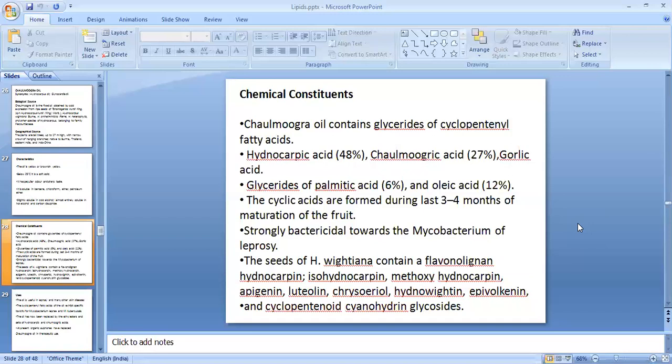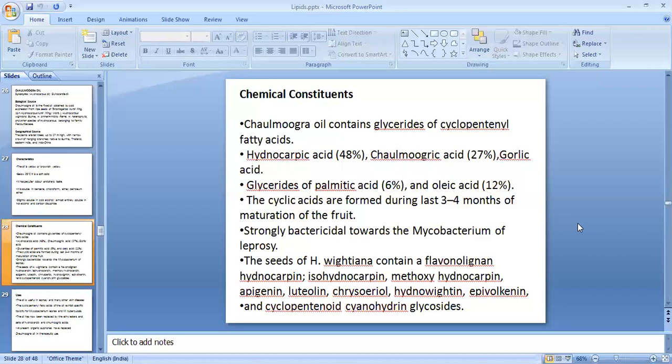The various cyclopentenyl fatty acids present are hydnocarpic acid, chaulmoogric acid, and gorlic acid. About 48% hydnocarpic acid and 27% chaulmoogric acid are present. Apart from the triglycerides of these three cyclopentenyl fatty acids, it also has the triglycerides of palmitic acid and oleic acid.